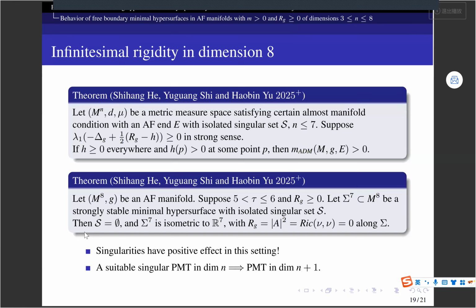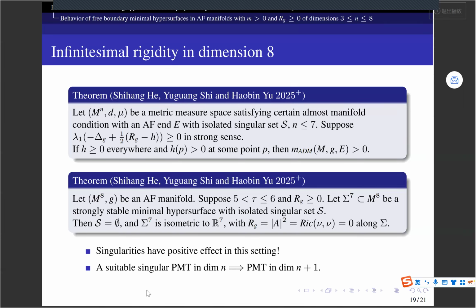However, you will conclude that there actually exists no singularity, and sigma is smooth and isometric to R7, which is totally geodesic with the normal Ricci curvature vanishing. So this theorem can also be used to obtain a proof of the positive mass theorem in dimension 8.